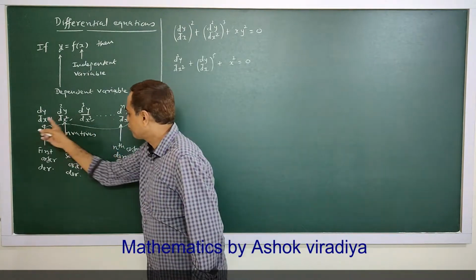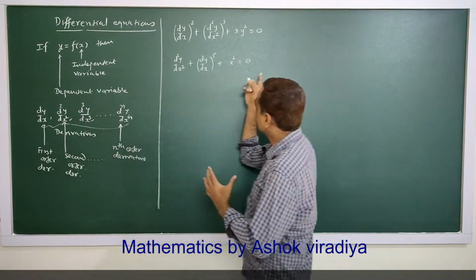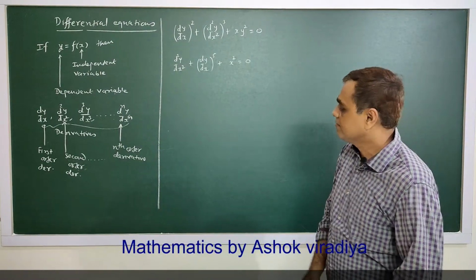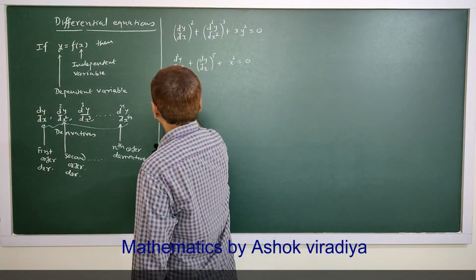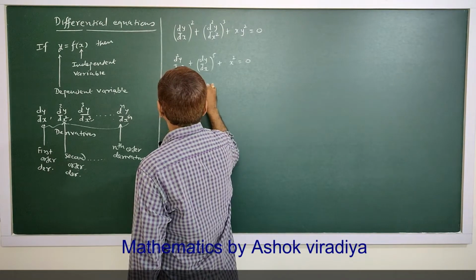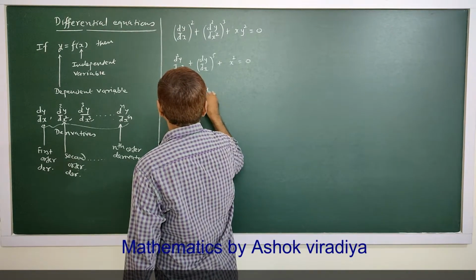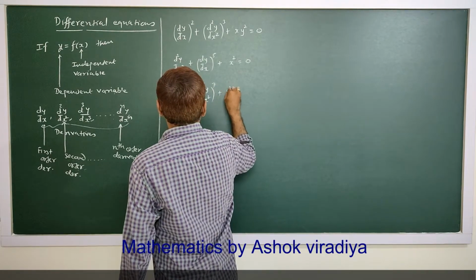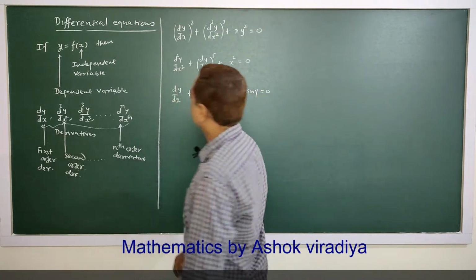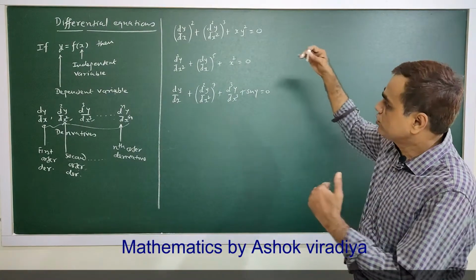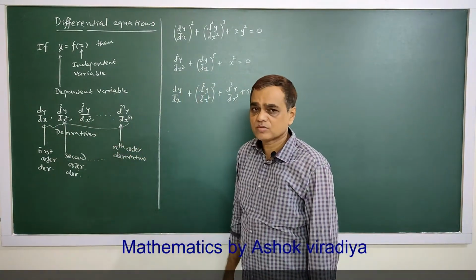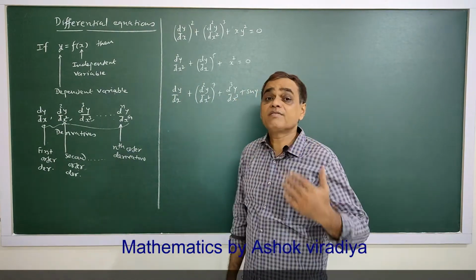At least one of these must be contained in the equation, then it is a differential equation. One more equation, suppose dy by dx plus (d square y by dx square) raised to 7 plus d cube y by dx cube plus sin y equal to 0. So these are equations containing at least one derivative, so these are said to be differential equations.